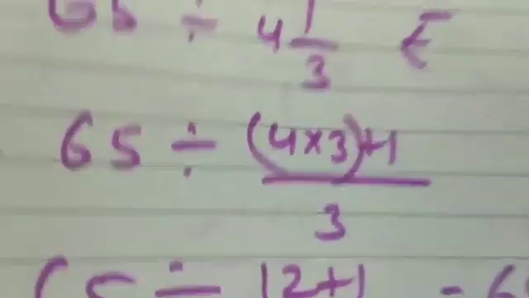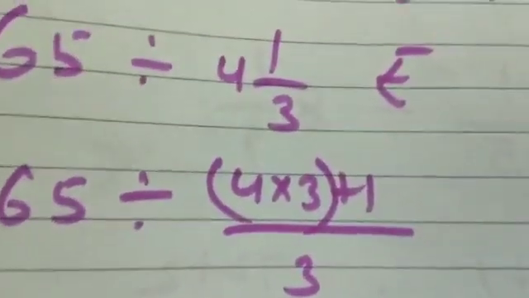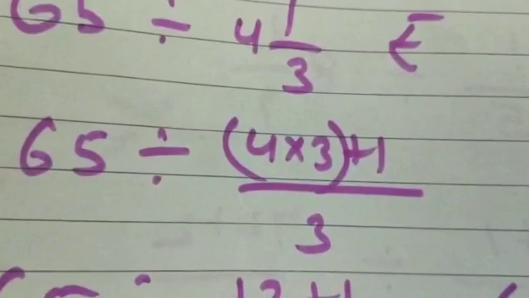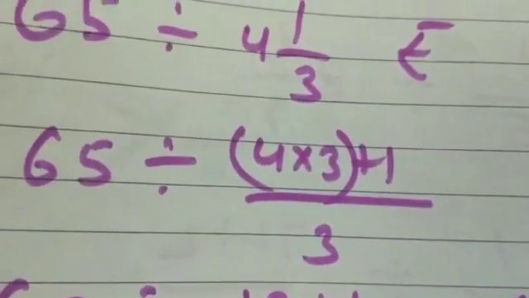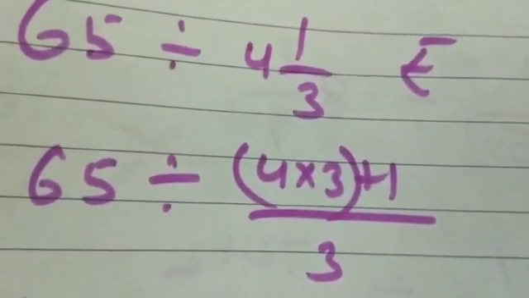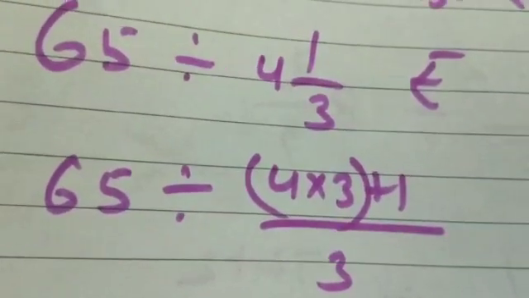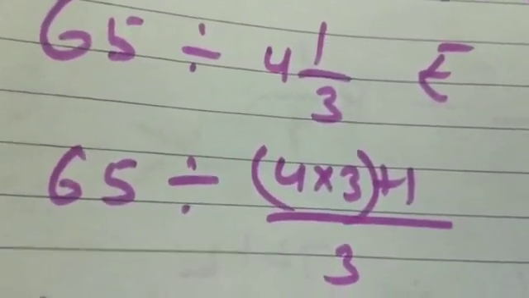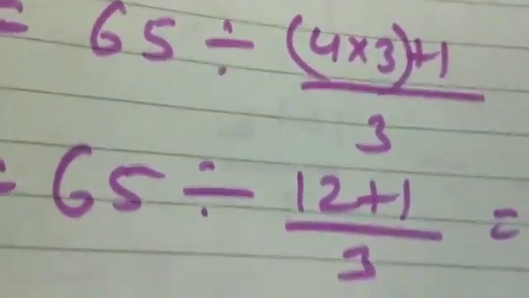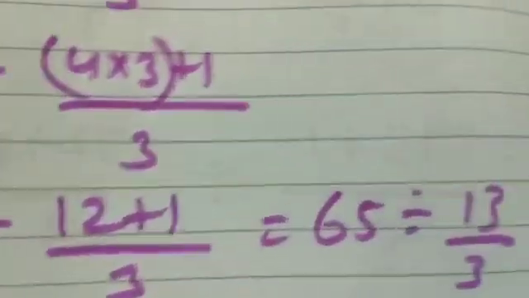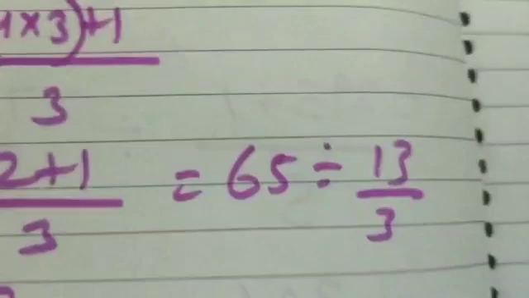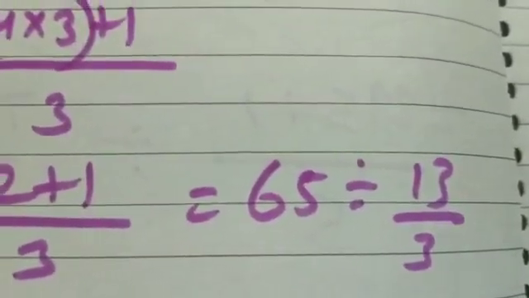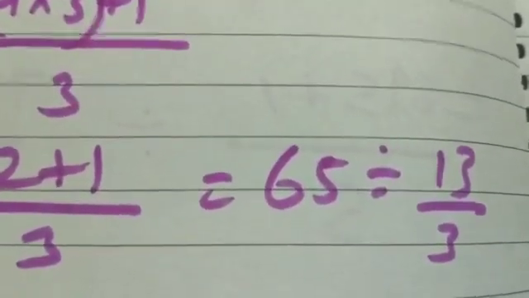So again we'll change this 4 1/3 into an improper fraction. The denominator is multiplied with the whole number and added to the numerator. So 4 into 3 plus 1 by 3. That means 65 will be divided by 13/3. Again we need to find the reciprocal of 13/3. Yes, that will be 3/13.